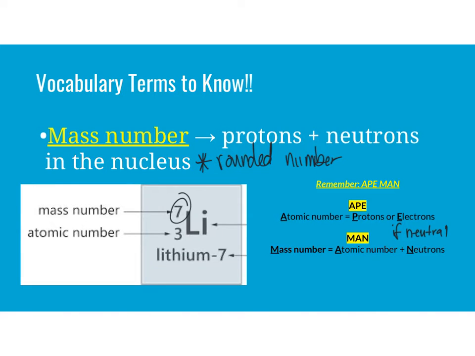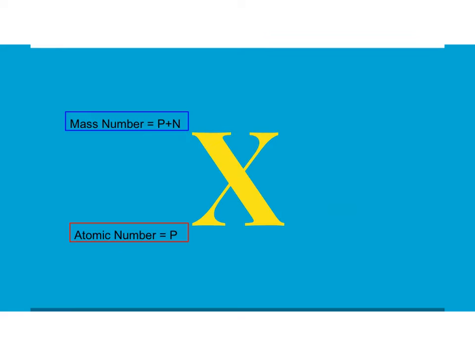And the man part of ape-man is mass number equals atomic number plus neutrons, or the other way of going about it is saying mass number minus atomic number equals number of neutrons. So that's another way we can calculate the neutrons. Ape-man can be helpful to keep those things straight.